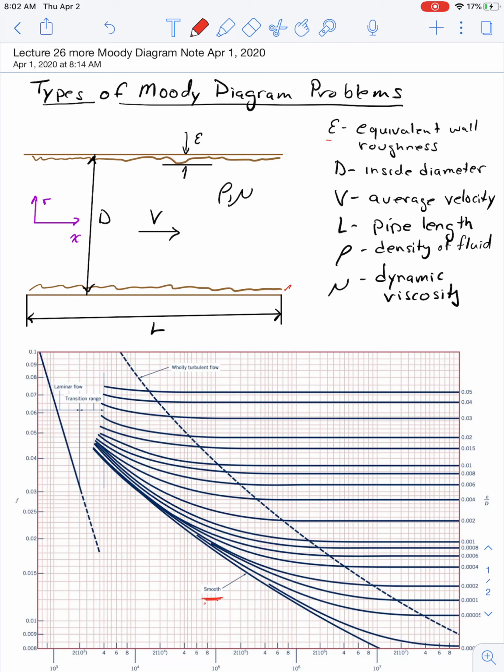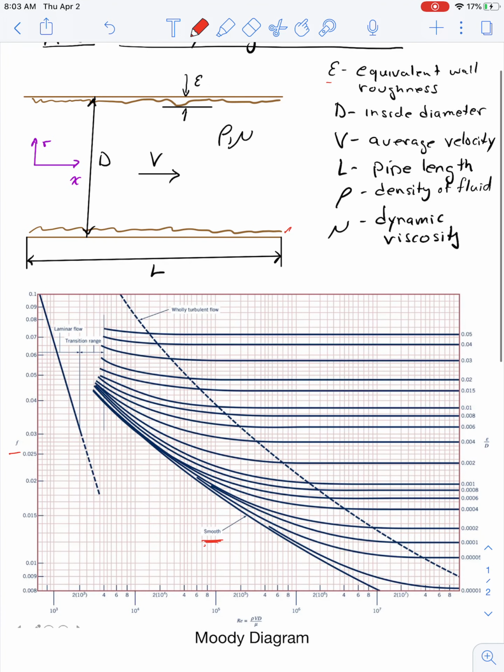Just a few more things that I want to talk about with the Moody diagram itself. Just to remind ourselves, this is the friction factor, sometimes called the Darcy-Weisbach friction factor, as a function of the Reynolds number. We have our laminar flow region from 0 to about 2,000. Then beyond this dashed line, we have this wholly turbulent region.